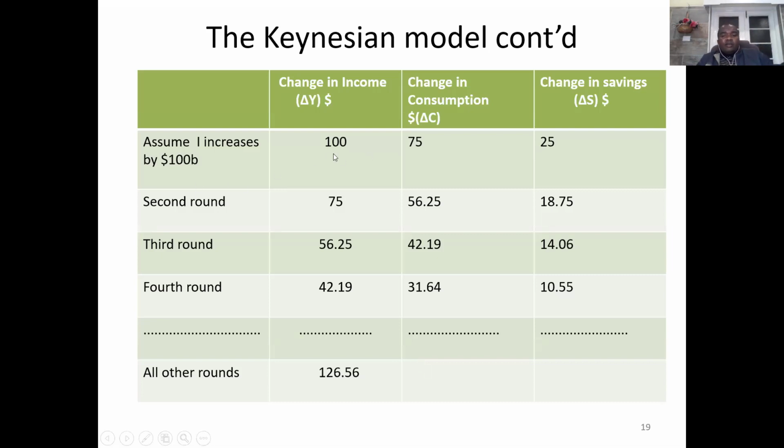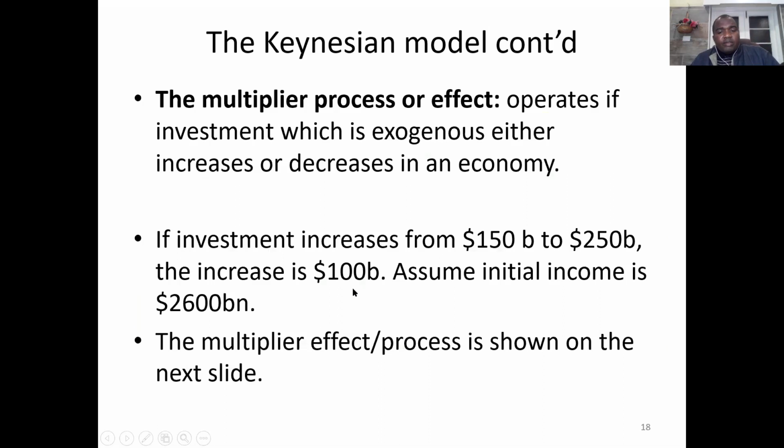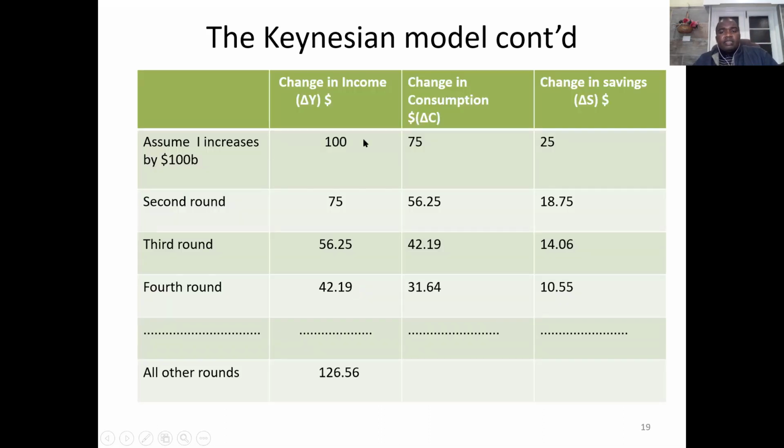So what kickstarts the multiplier process is the initial change in an autonomous expenditure of 100 billion, which is what we postulated on slide number 18.